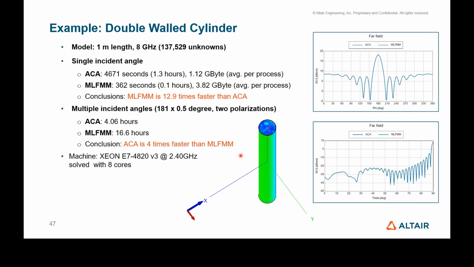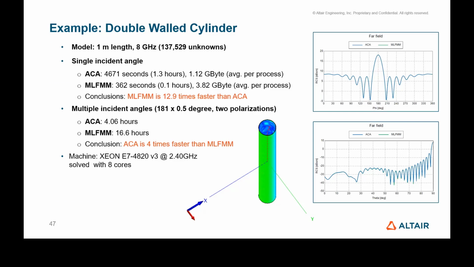But in MLFMM, it is different in the sense that you have to resolve the whole equation because it goes through an iterative solution for every incident angle. ACA, on the other hand, can work like method of moments. So in some cases where you have multiple incident angles, ACA can be more cost effective in terms of time compared to even MLFMM.